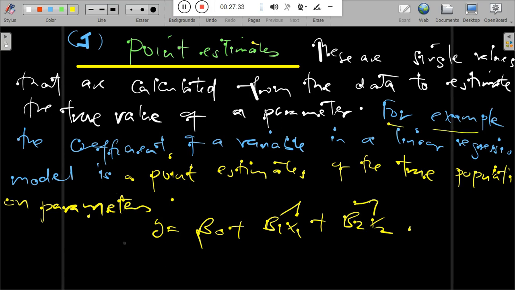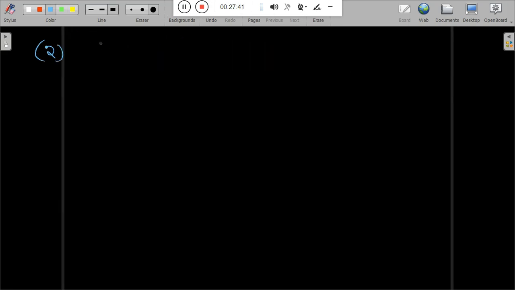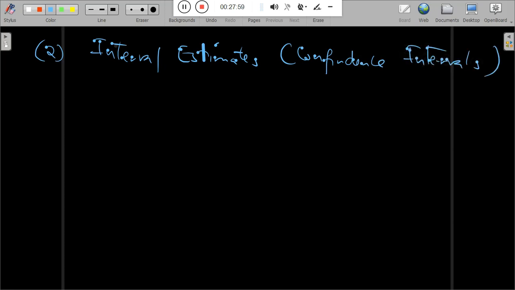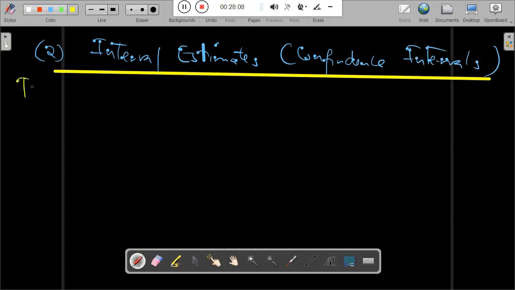Suppose we have y is equal to beta naught plus beta 1 x1 plus beta 2 x2. The coefficients we are talking about are beta naught and the coefficients on the independent variables.